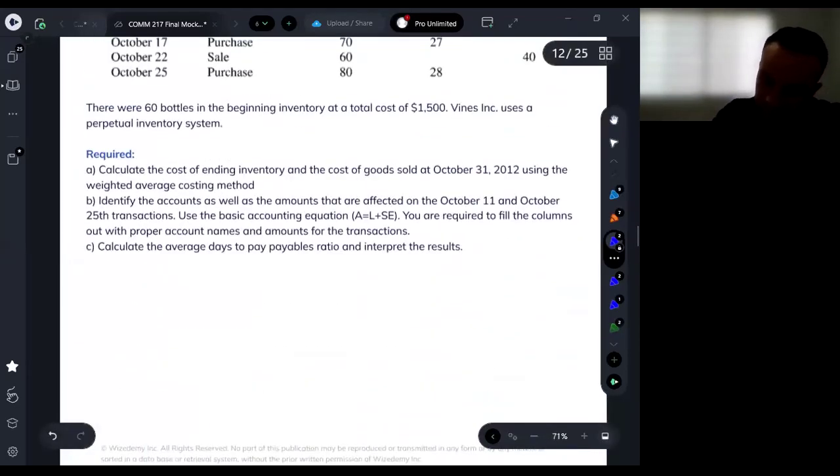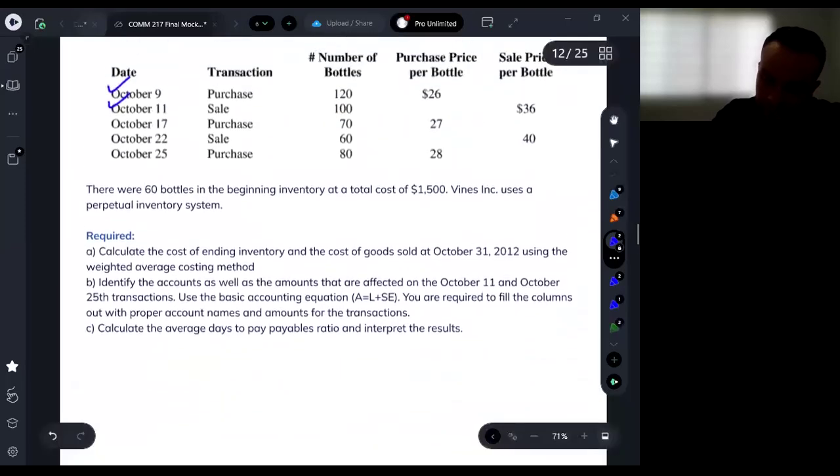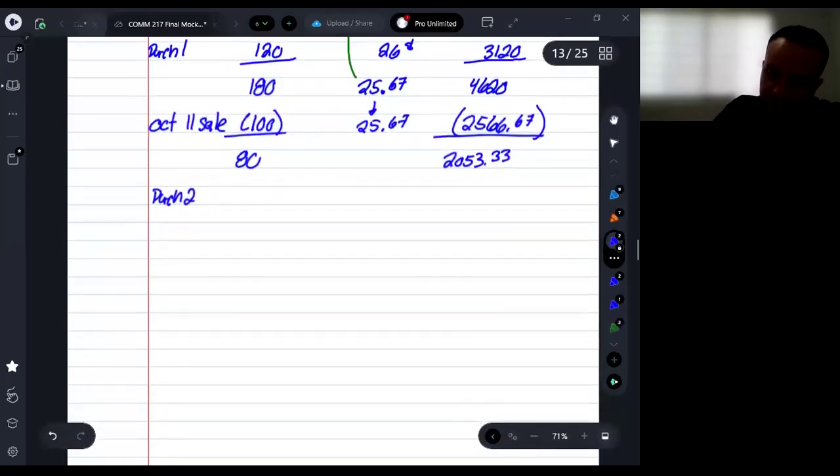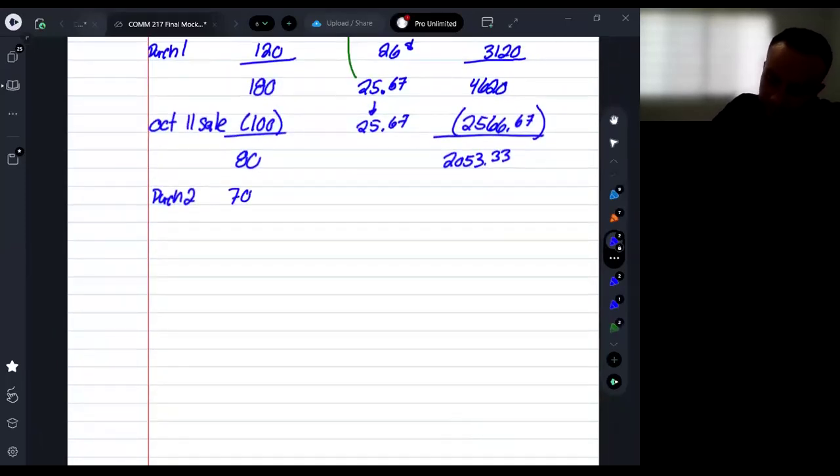Second purchase. We buy 70 at 27. So that gives us 1890. So at this point, we have 150 units at 39.43.33.